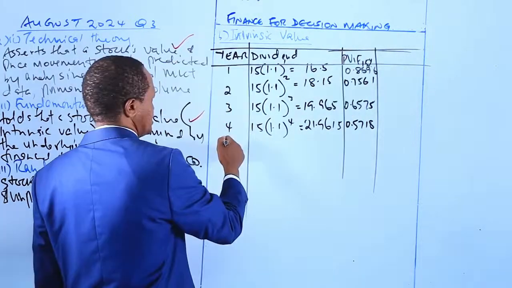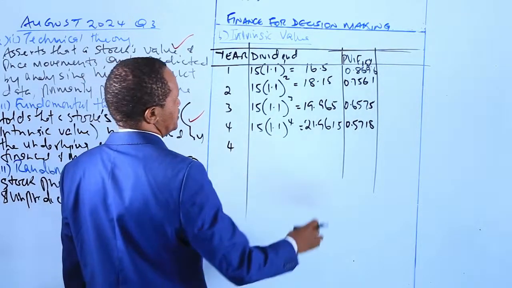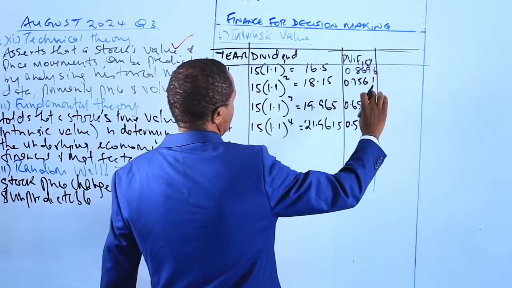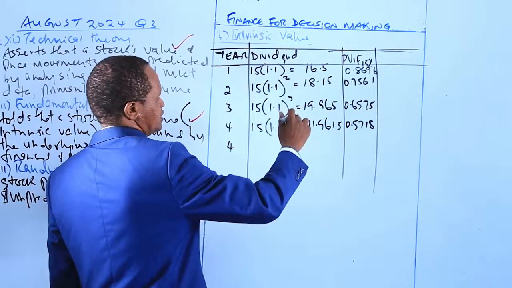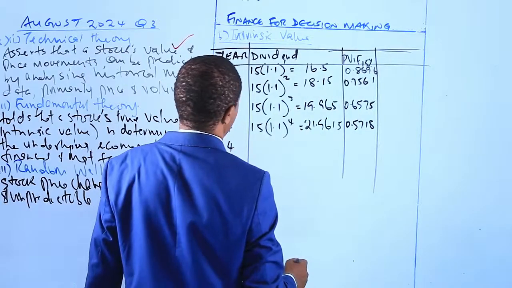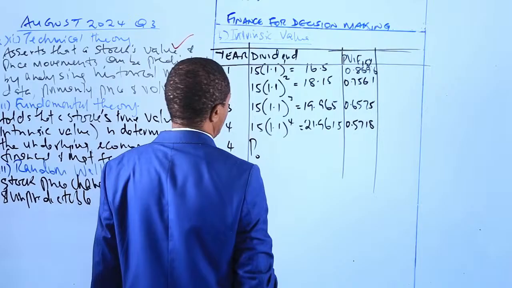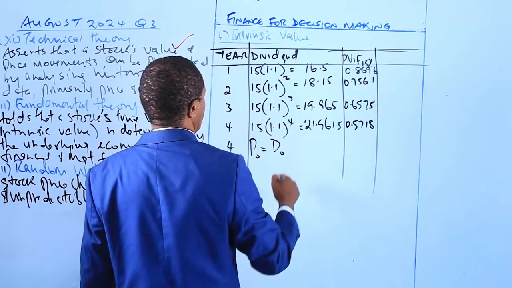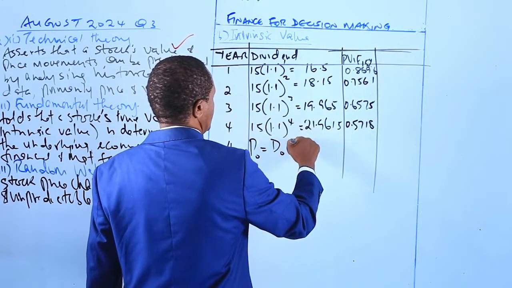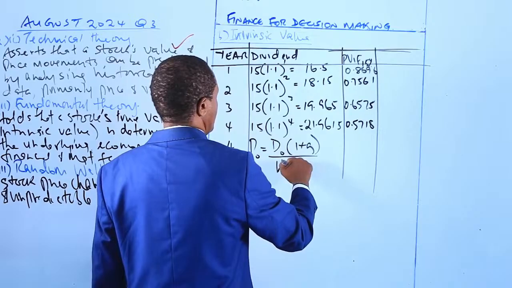Then you recall, candidates, in year 4, apart from this dividend growing, we also need to discount the value of the share price P0. To get the value of P0, we know this is equal to D4 into 1 plus g over Ke minus g.